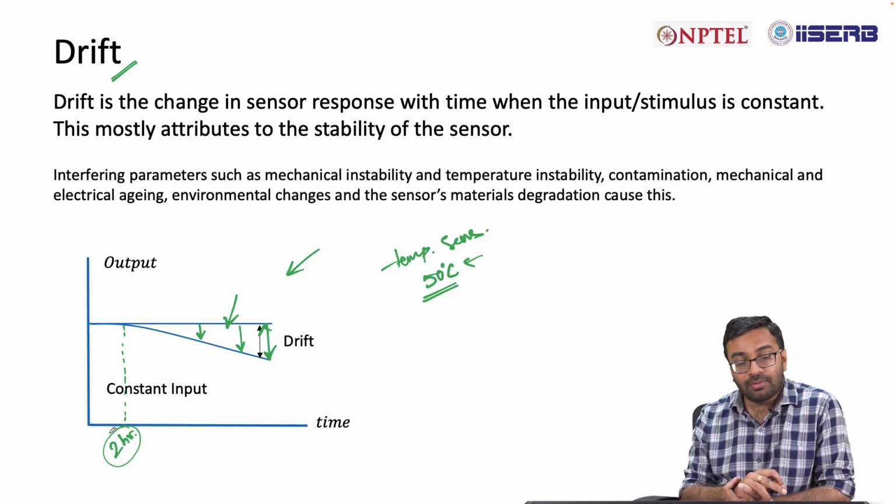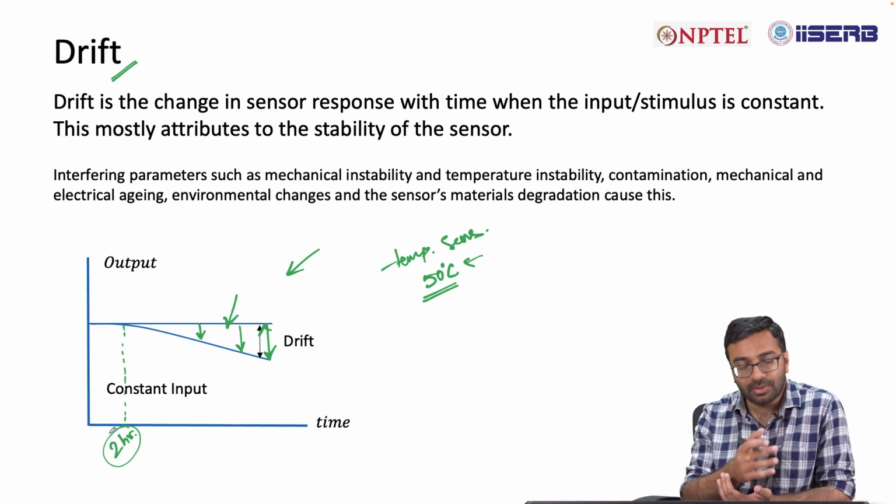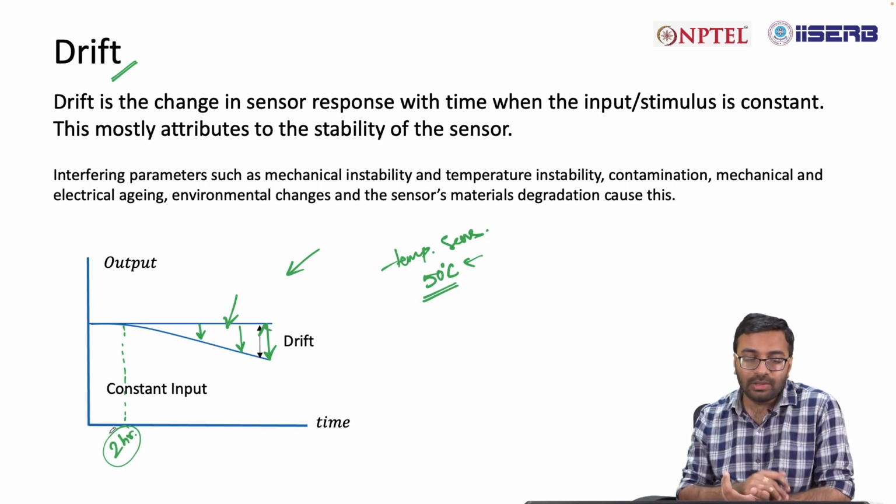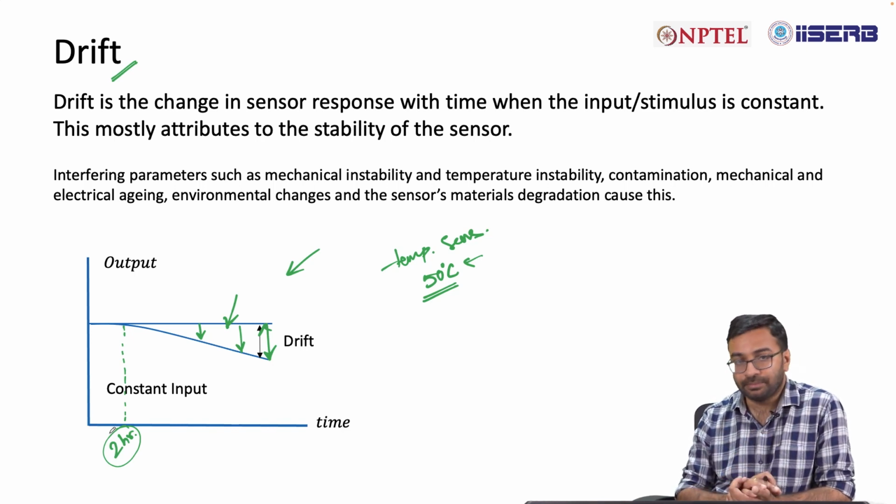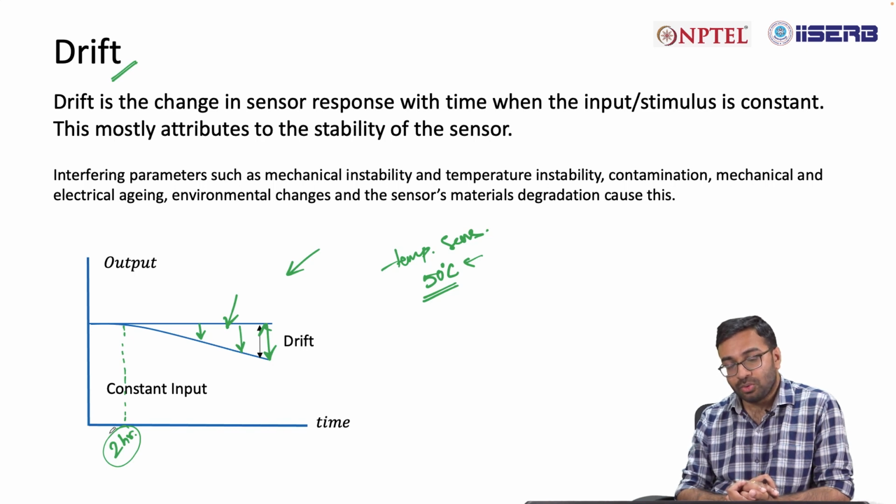In practice, you may find many sensors are suffering from drift, or when you develop or fabricate a sensor, you may find that drift is there. Now the question is whether you can work with a sensor which is having a drift. So again, it's not a straightforward answer.